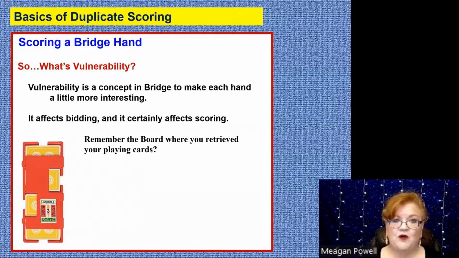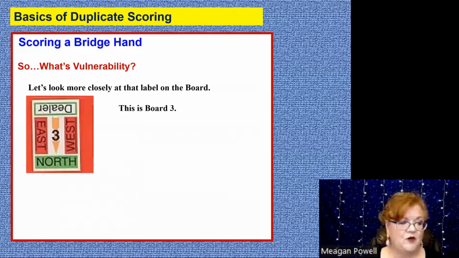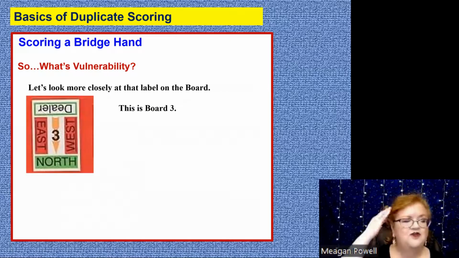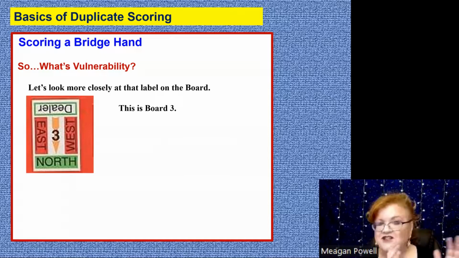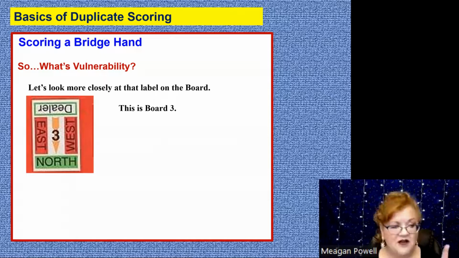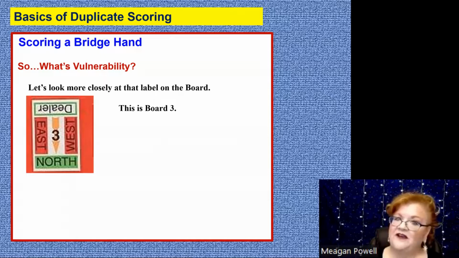Now, this is the board I showed you earlier, and I'm going to zero in on that label. So if we look closely at this label, we notice that it is board number 3. Remember, I said that we have 36 boards in each set. So I had an orange set of 36 boards. This is board number 3. Boards are numbered. You've noticed that in our lessons, right?